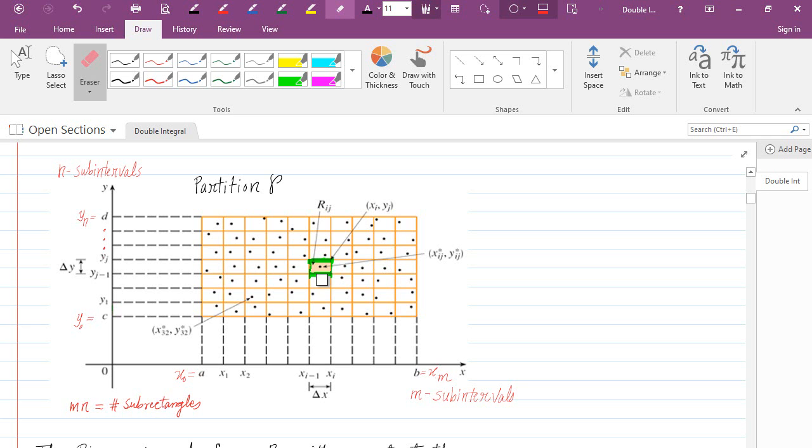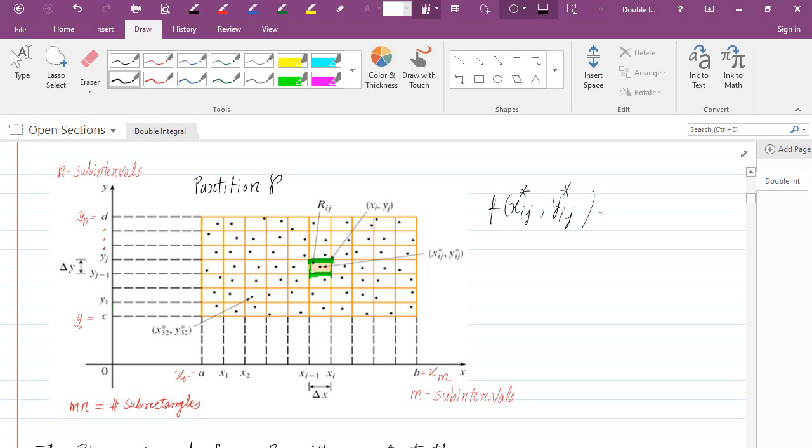So I can pretty much say that if I pick a point in this subrectangle, which I'm labeling as x i j star, y i j star, a point in the ijth subrectangle here, then f of x i j star, y i j star is the density of R i j at any point, approximately.